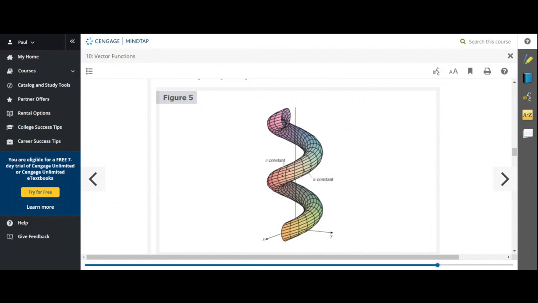Well, Eric, we're going to go to MATLAB, but let me ask you this. The helix, or this parametric surface. I want to say this the right way.